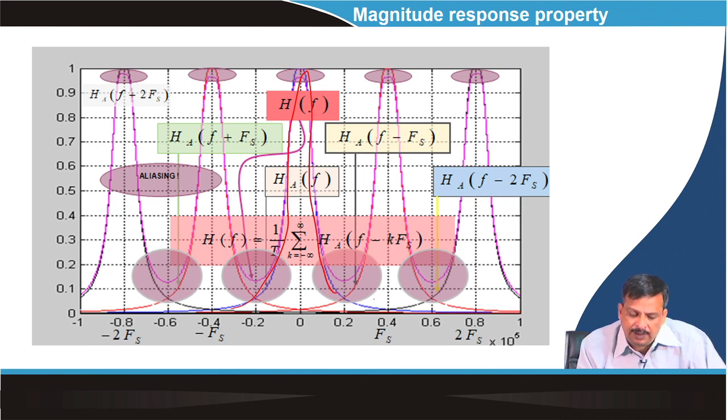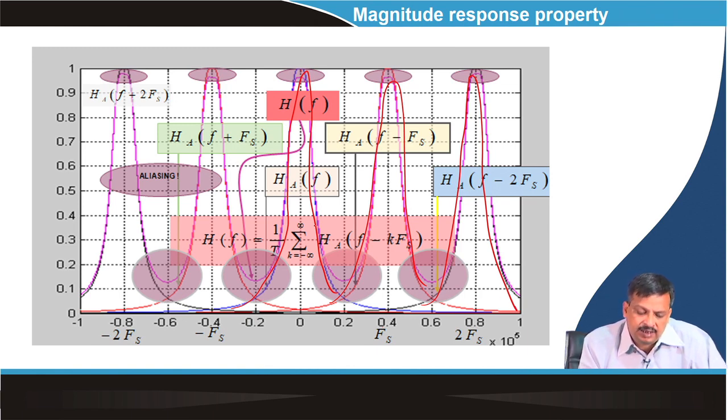This is repeated at Fs, again repeated at twice Fs. If this is decaying like this and this is decaying like this, then in this portion there is aliasing. Understand?